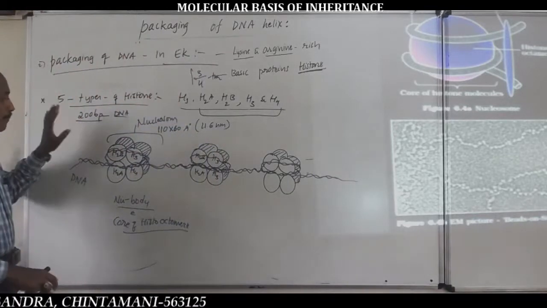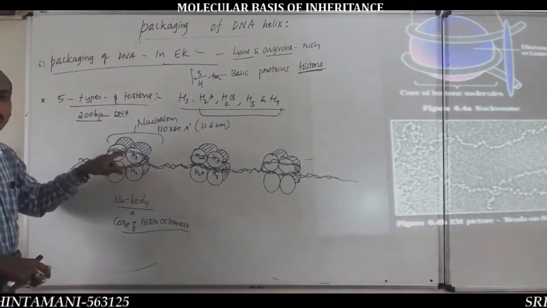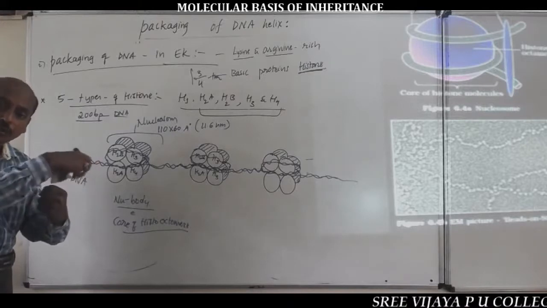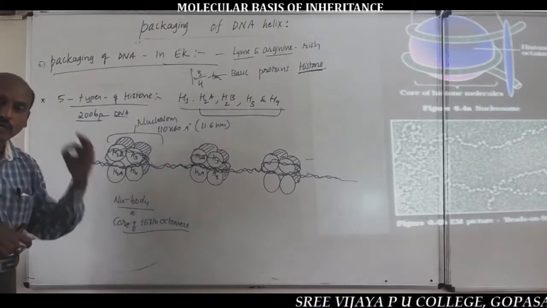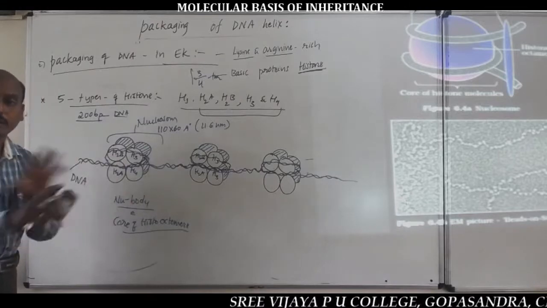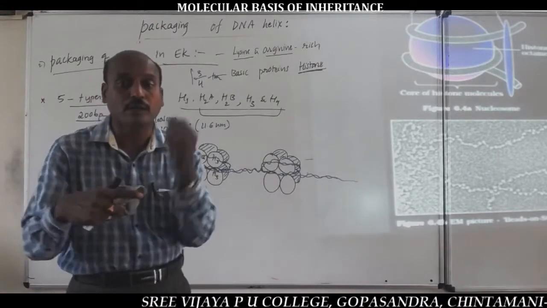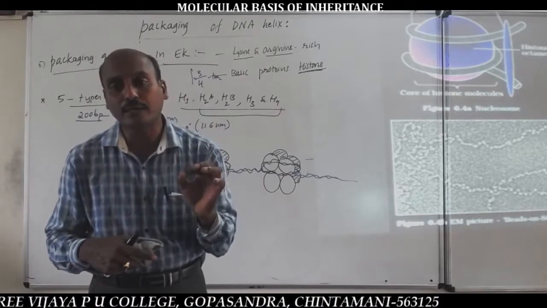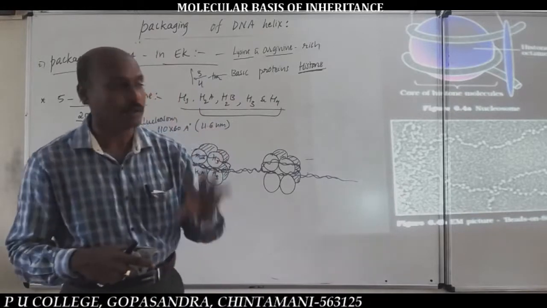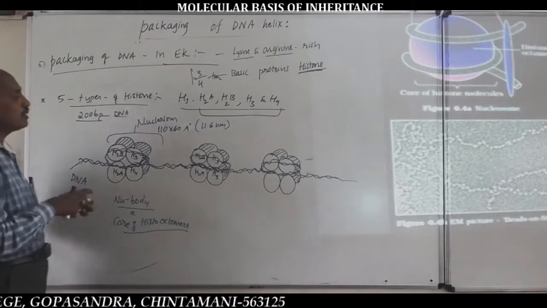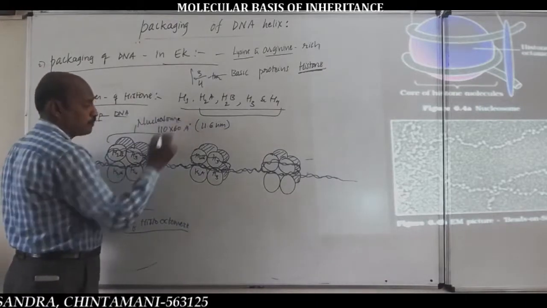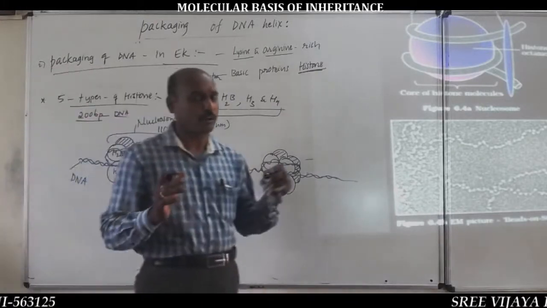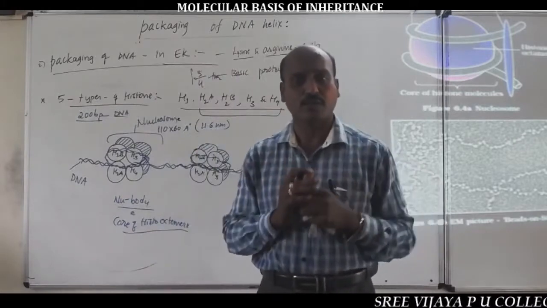So 200 base pairs of DNA wrapped around the ball-like histone octamer about 1 3/4 turn, never full 2 turns, 1.75 turn, to produce a structure called nucleosome. Nucleosome of size 110 into 60 angstroms or 11.6 nanometers. Very, very important.